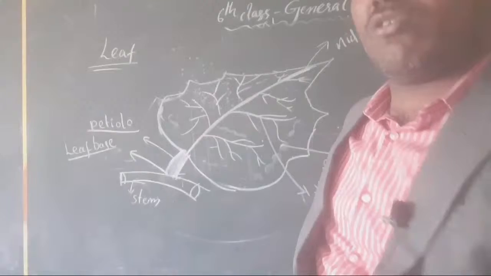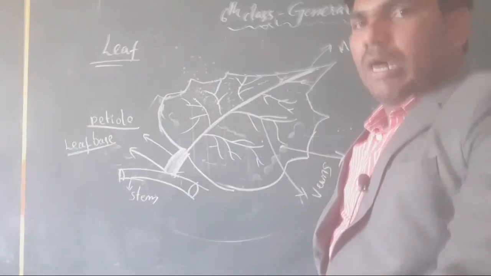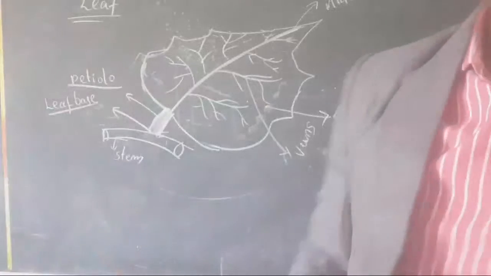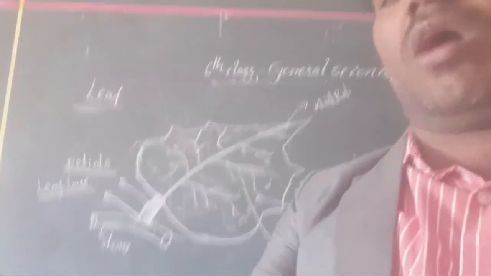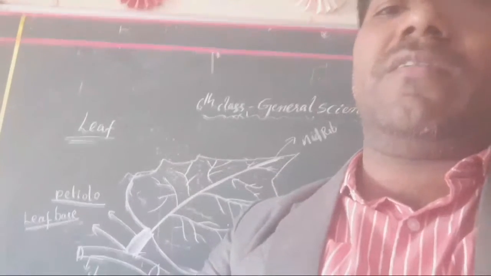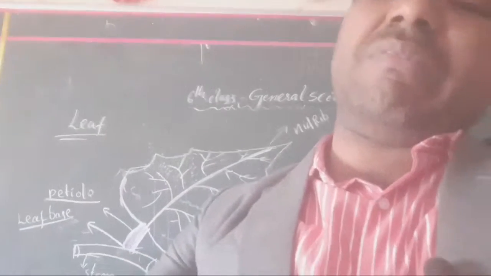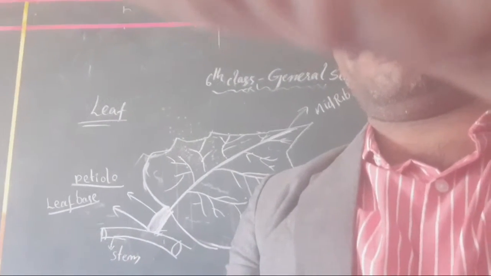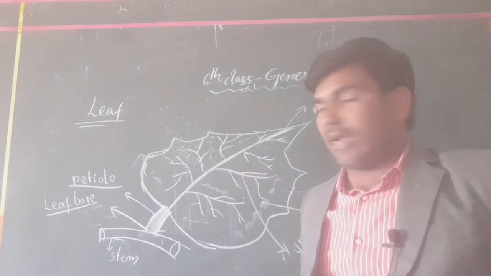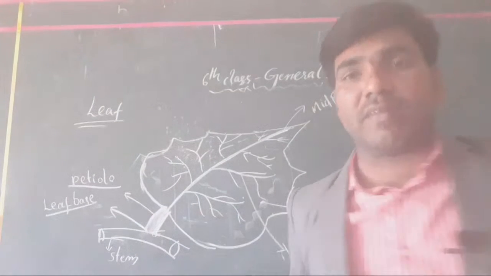Everyone should compulsorily know what parts are available in our leaf, what the name of each is, how to recognize it, and what the work of every part in our leaf is. Once you draw this total leaf diagram, collect a big leaf from a plant, like a hibiscus.